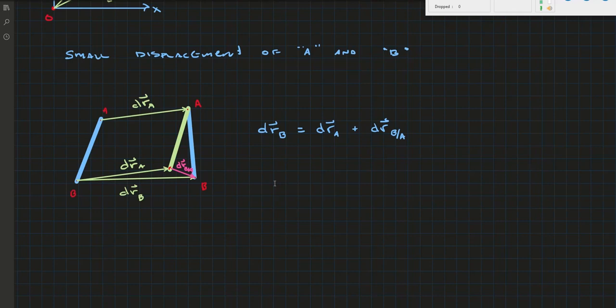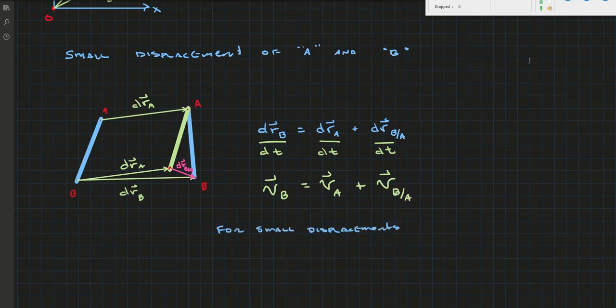Now we can divide by a scalar, dt. So let's divide both sides by dt, which means each of these individually are divided by dt. So now you have dRB over dt, which is essentially the velocity of B, equals the velocity of A plus the velocity of B with respect to A.